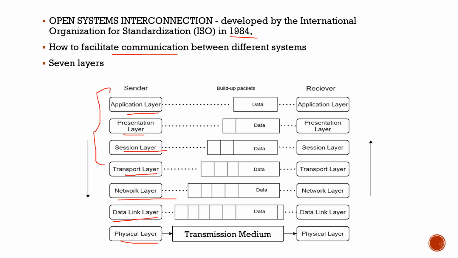We'll see the uses and the work of each layer in the upcoming slides. And at last, we'll see how the data is sent from the sender to the receiver once we know those uses. Let's start with the layers.